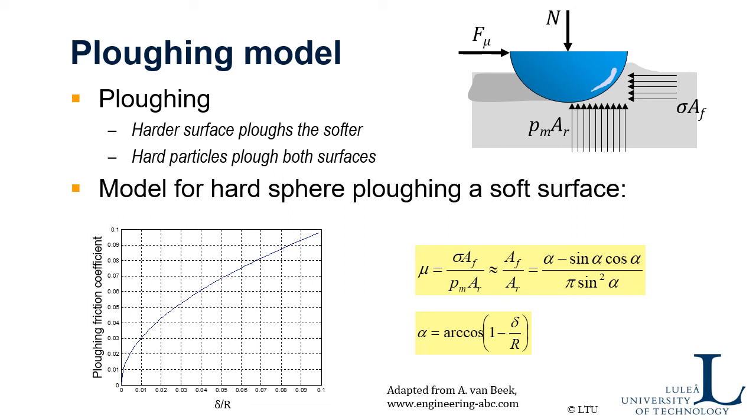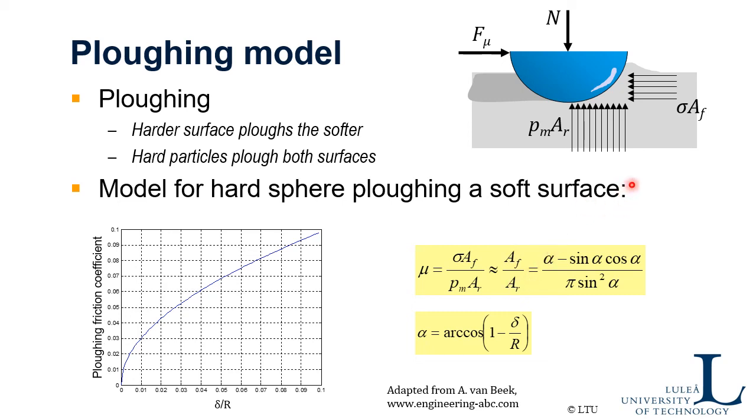And then you do some mathematics here. You can actually predict the mu in this case to some extent. The mu is the stress multiplied by the area in front of the asperity, divided by the pressure in the contact multiplied by the real area of contact. And since both the stress and the pressure equal the hardness, that means that the mu is actually the area in front of the asperity divided by the real area of contact.